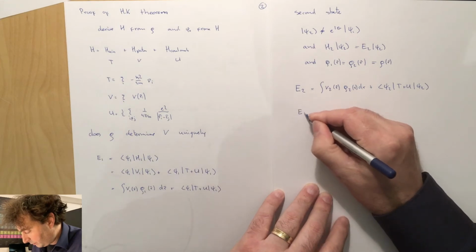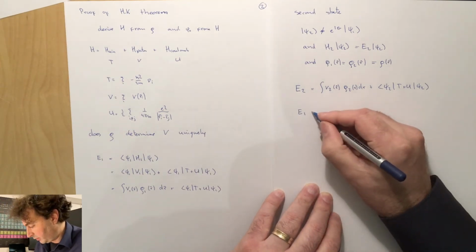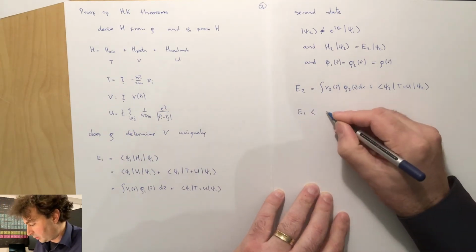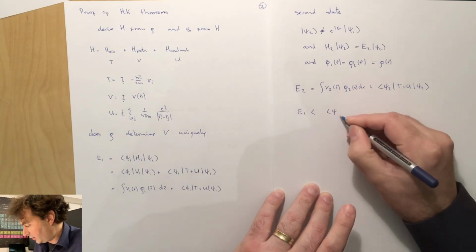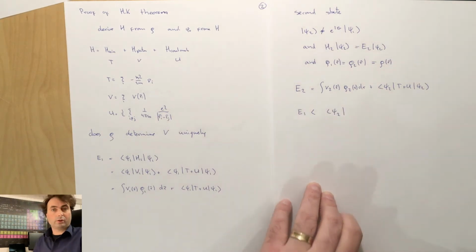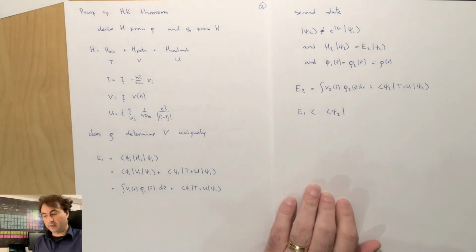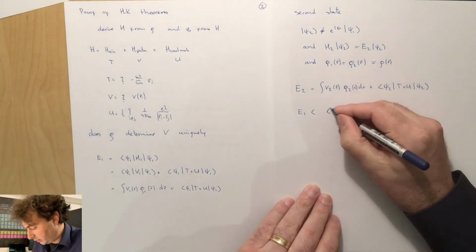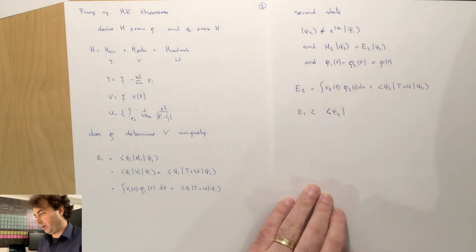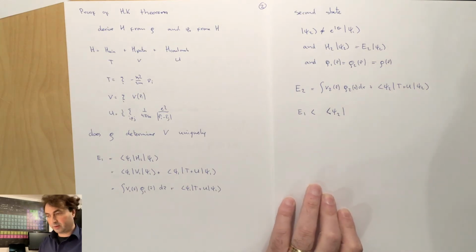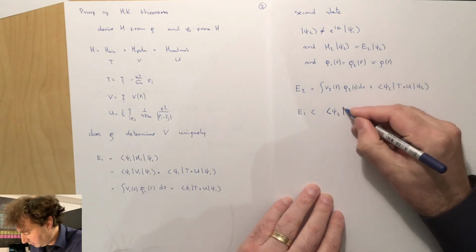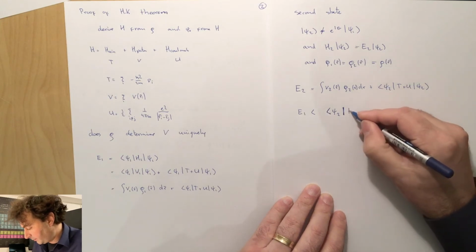Now I know psi1 is the ground state of Hamiltonian 1. I also assume that I have no degeneracies. This is in the original proof assumed. Later it has been generalized to also include degeneracies, but if I prove it for a system that is non-degenerate, then I hope you believe me that one can generalize it.